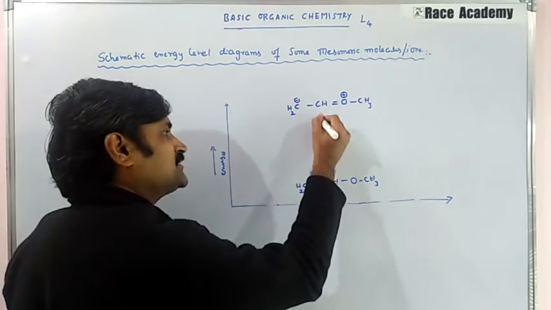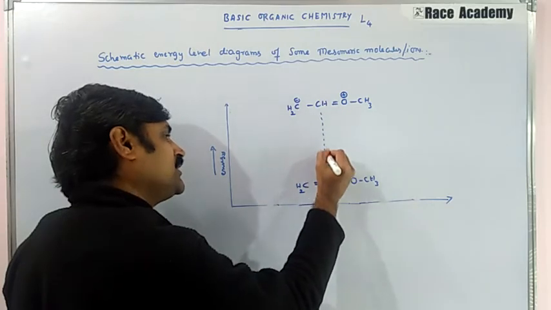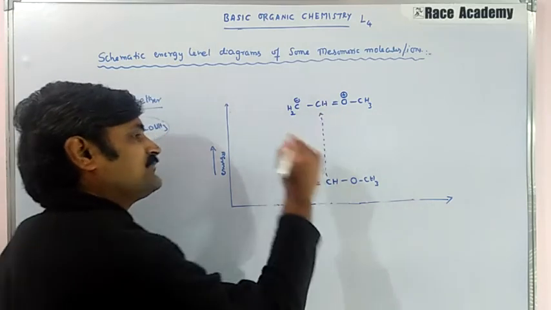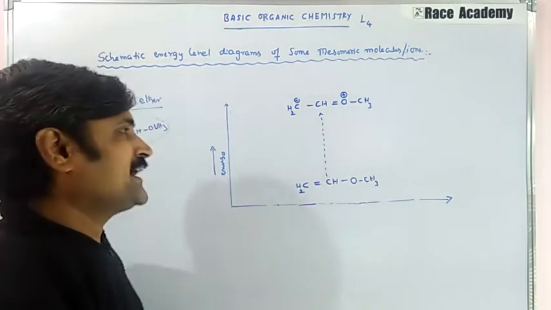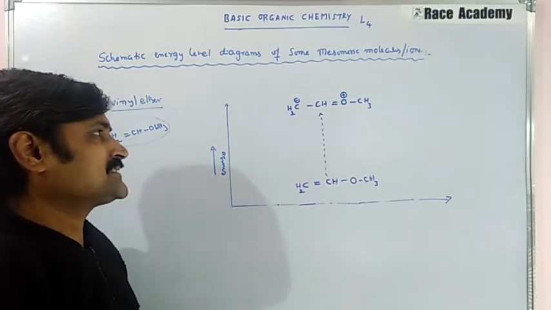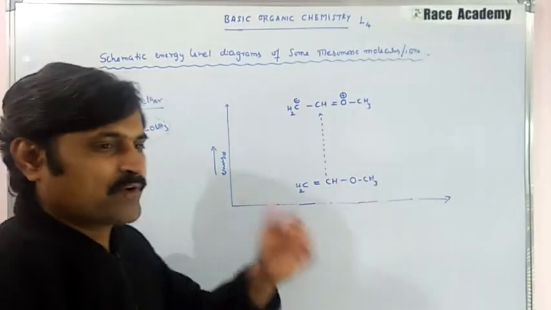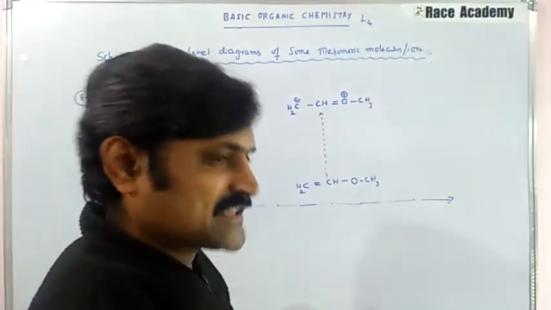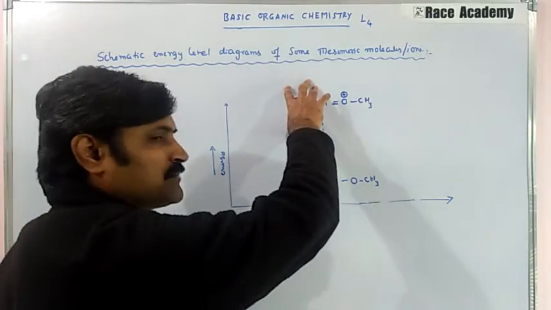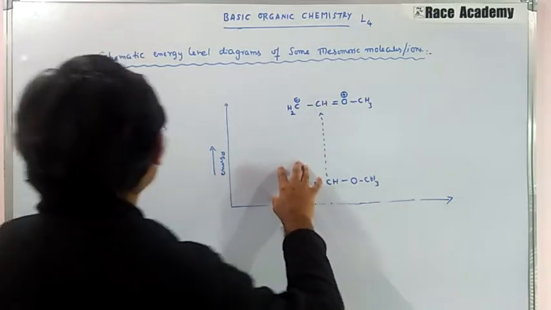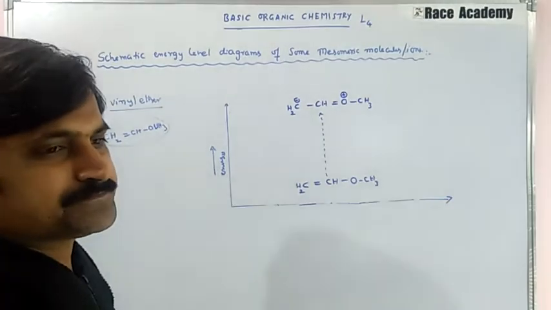There is no charge separation. This large difference came because opposite charges require energy. See, plus and minus are there in this structure, and they require much energy for their separation. Because of that, this structure is less stable and this one is more stable.